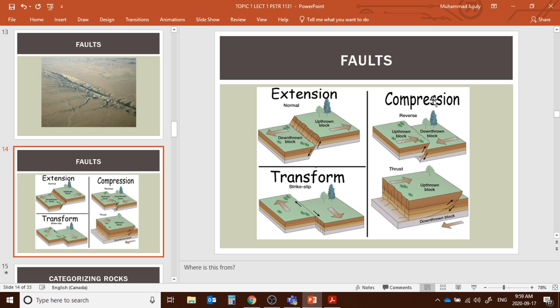In that case it's a compression. And there is another, the strike-slip fault, which we call the transformation. Another type is where one goes upward and another is a downthrown block due to the thrust. So this is another type of compression too. These are the examples of faults.